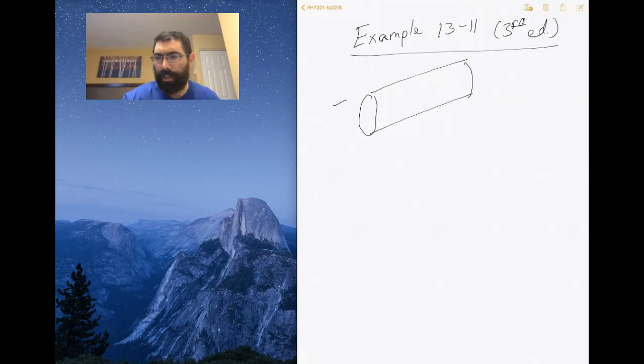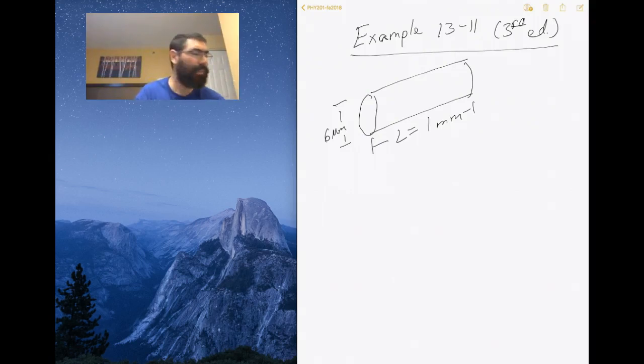This cylinder has a diameter of 6 micrometers, sorry, and it has a length of 1 millimeter. So there's 1 millimeter to this blood vessel.